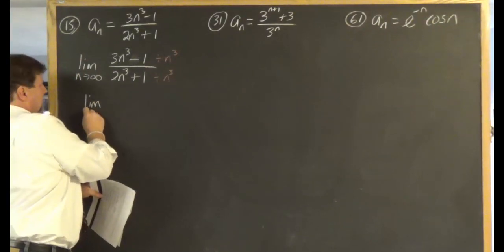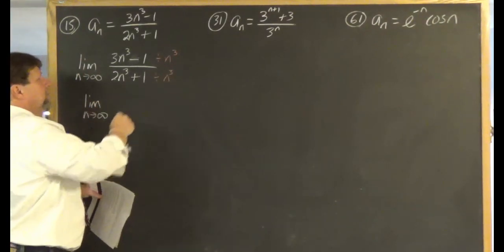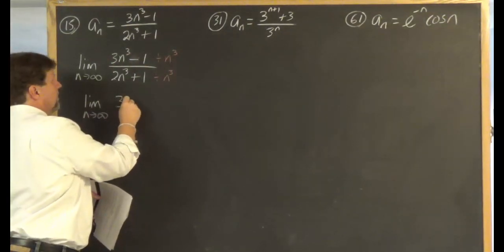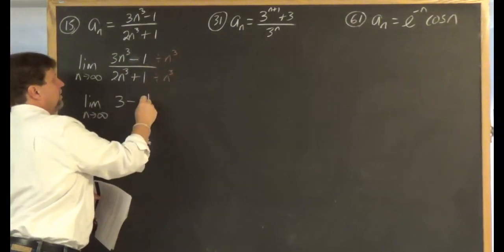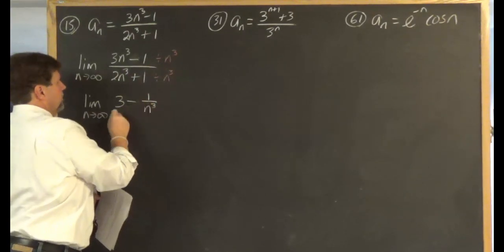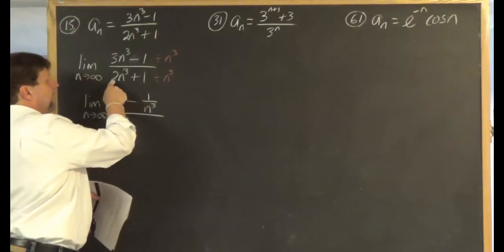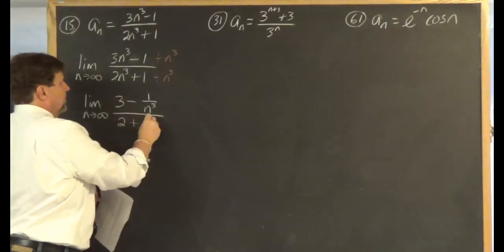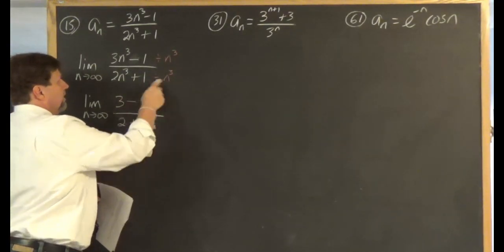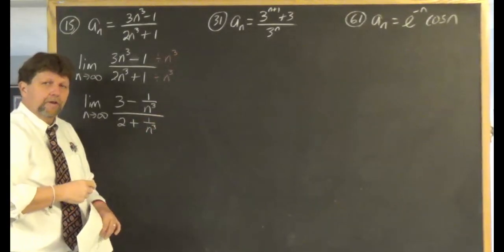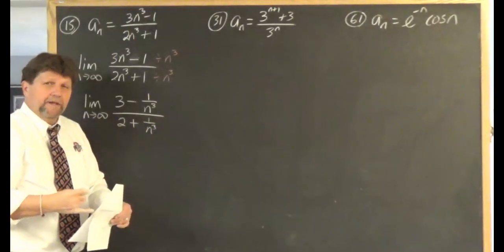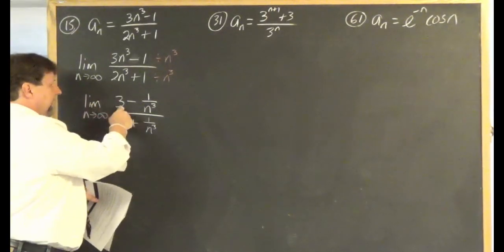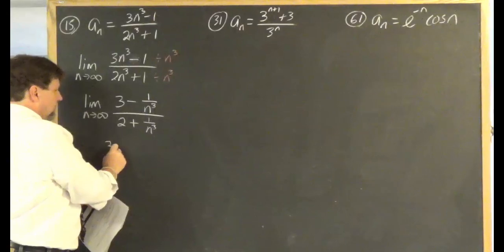So that gives me the limit as n goes to infinity. Well, 3n cubed divided by n cubed is 3. 1 divided by n cubed is 1 over n cubed. The denominator, 2n cubed divided by n cubed, that's 2. And then 1 divided by n cubed is 1 over n cubed. Now I'm going to use those old familiar limit properties. The limit of 3 is 3.